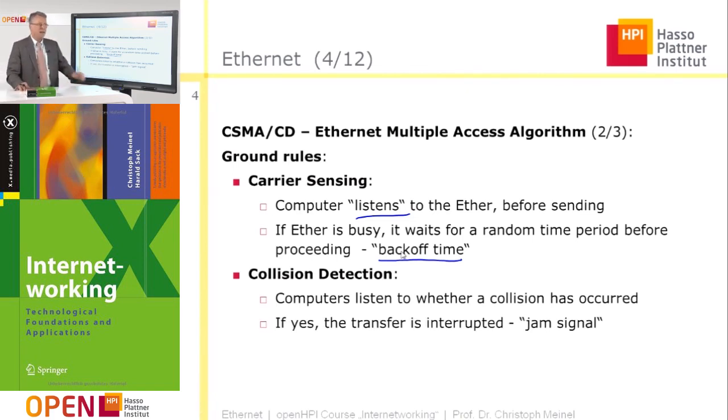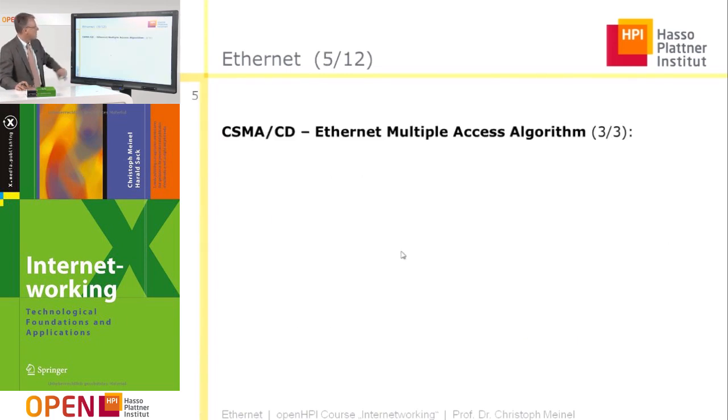So if such a collision is detected, the transfer is interrupted, the so-called jam signal is sent, which tells both computers, or the more computers that just want to send their package, that it will not work, that the packages are destroyed, and that they have to try to send their packets again.